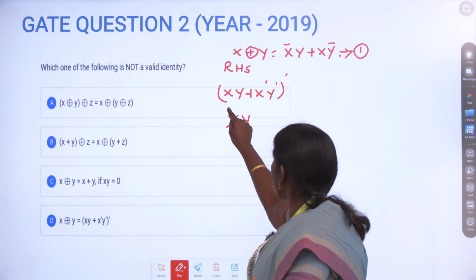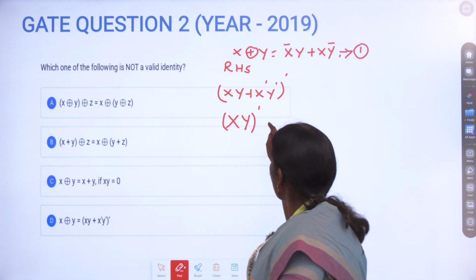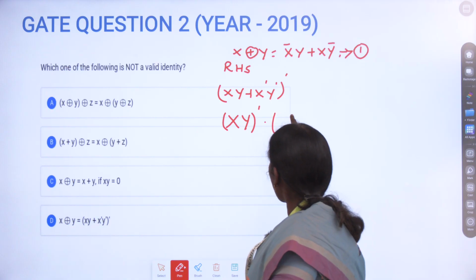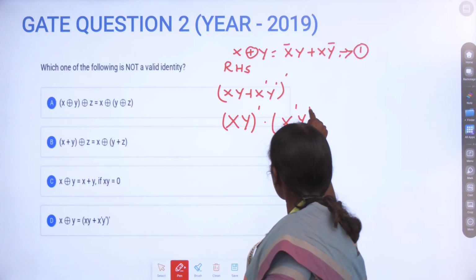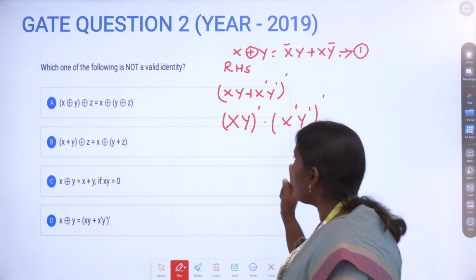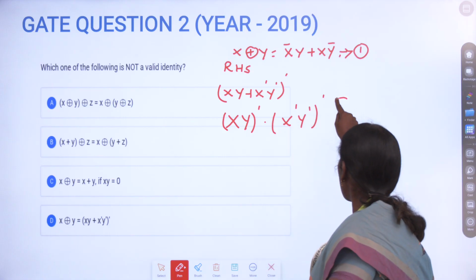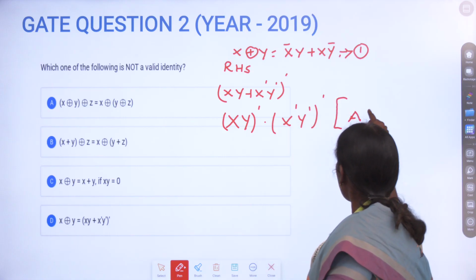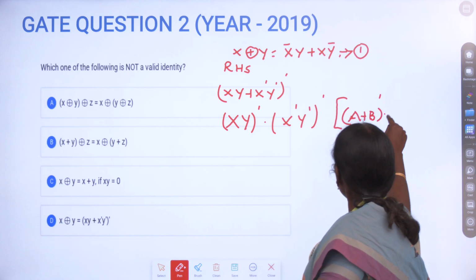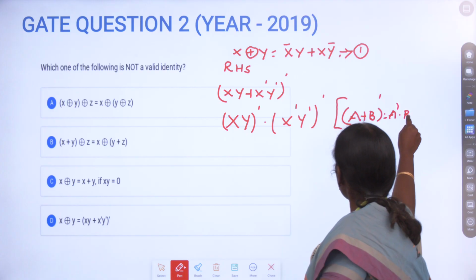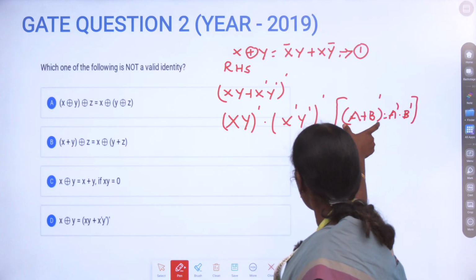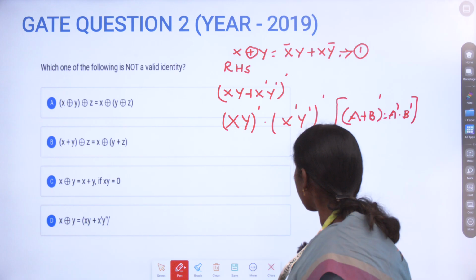So whole dash, and dot (x dash y dash) the whole dash. This is your De Morgan's theorem. So we know that De Morgan's theorem is (a plus b) whole dash is equal to a dash dot b dash. In this term I have expanded this.